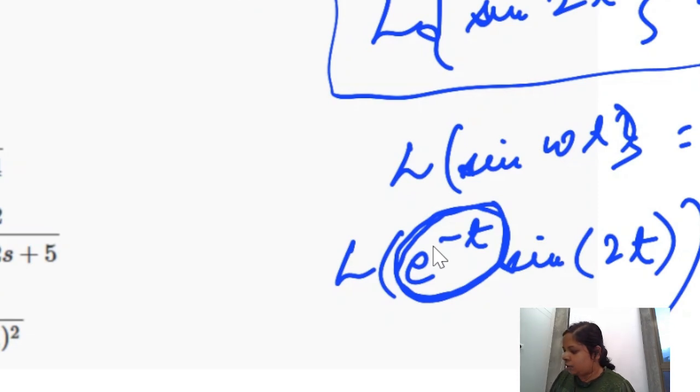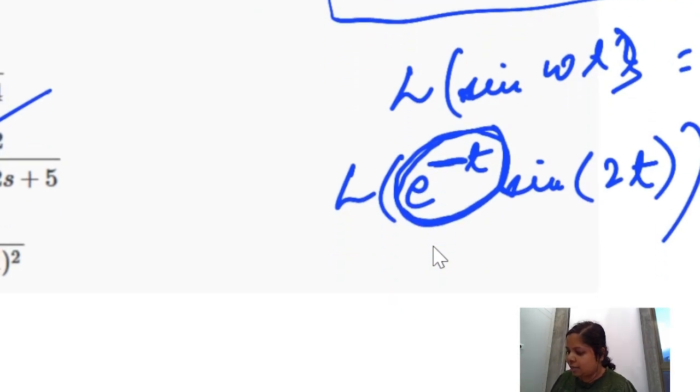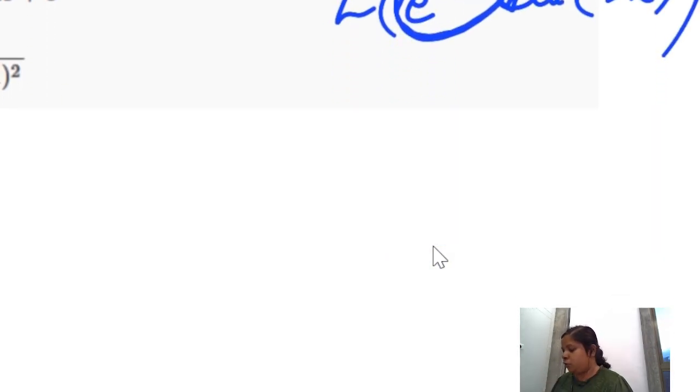Here, in the s term. The omega term is going to stay the same, whereas in the s term you are going to have s minus minus 1, because here it is e power minus t, so minus 1, s minus minus 1 whole square. So that is why these things come, and here it would be s square plus 2s plus 5. So this is your answer. So please learn the Laplace table. It would be of much help to you, much help.